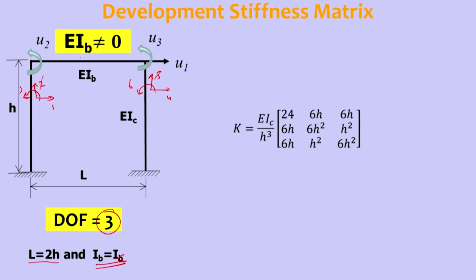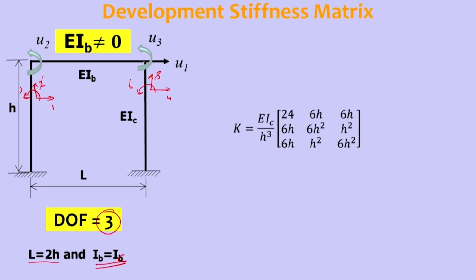If we write U1 is equal to 1, U2 is equal to 0 and U3 is equal to 0, so U1 is 1. That means degree of freedom 1 is given unit displacement, as you can see here.